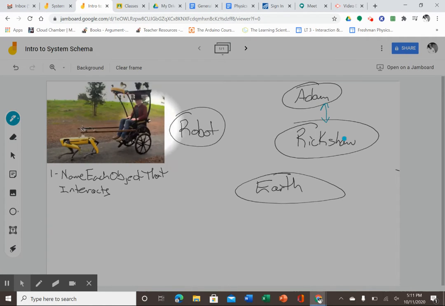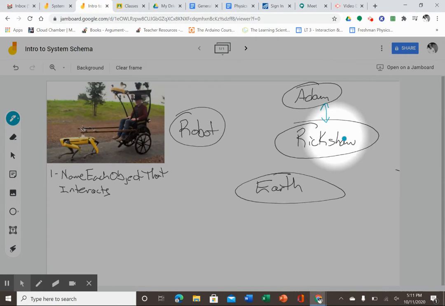No, he's in contact with the rickshaw, but he is not in contact with the earth. Is Adam in contact with the robot? Well, again, he's in contact with the rickshaw. He's not in direct contact with the robot. So Adam is only in contact with the rickshaw. I'm done analyzing the contact interactions with Adam.